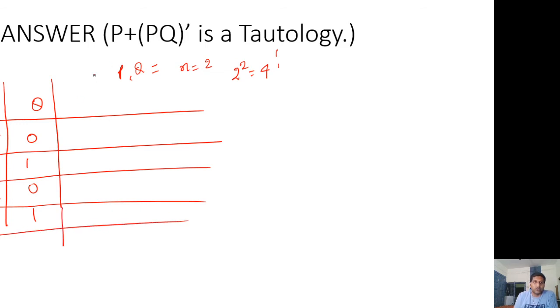Now the second term is P Q, that means AND operator: 0 0 0, 0 1 0, 1 0 0, 1 1 1.